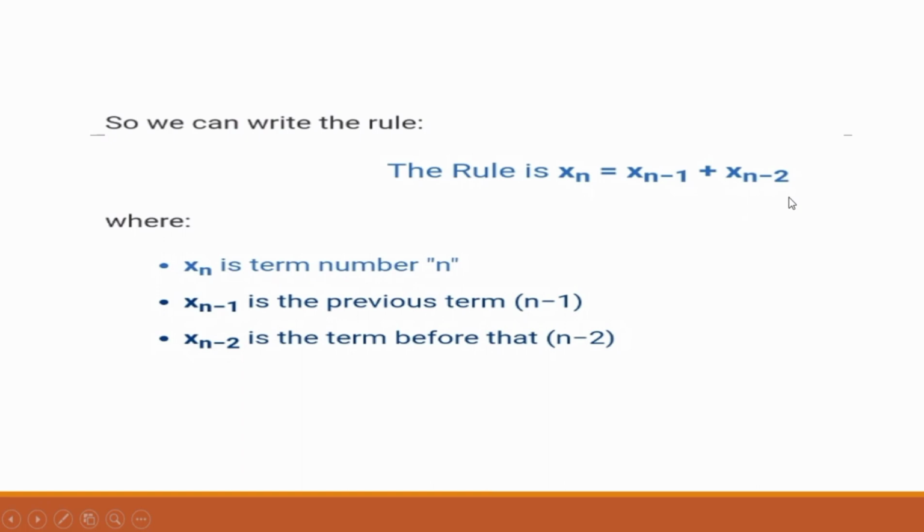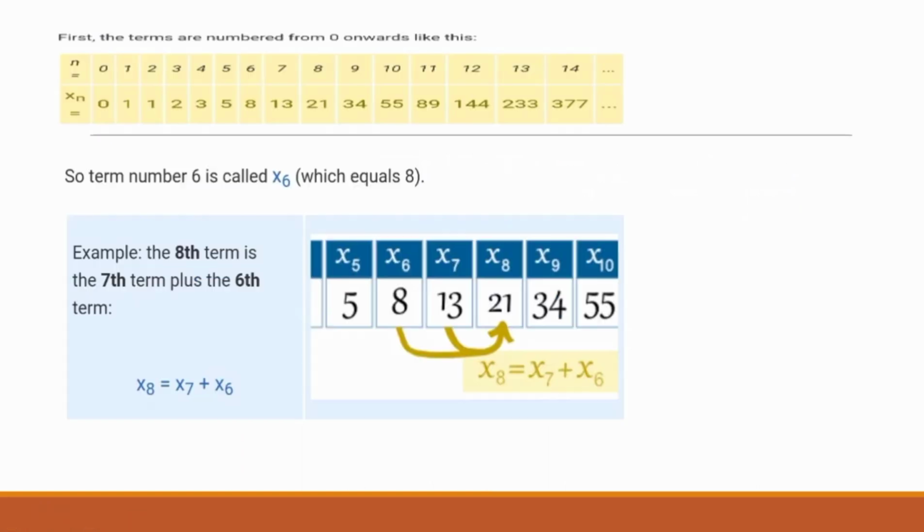So, para mas maintindihan ninyo, I have here some examples. First, the terms are numbered from 0 onward like this. So, yung n natin, class, ito yung ating 0, 1, 2, 3, 4, 5, 6, and so on. And yung ating x sub n is 0, 1, 1, 2, 3, 5, 8, 13, and so on.